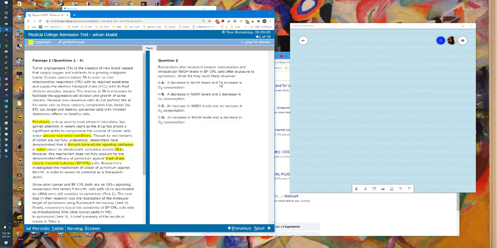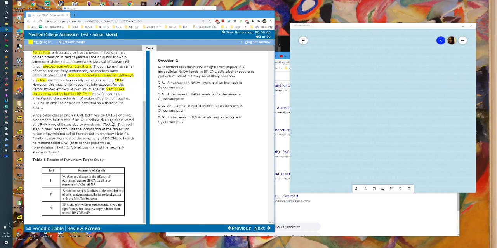So they're saying that oxygen consumption and, okay, this is where they did experiments to see how perivinium works with BPCML. This is without the CK1 alpha, and it didn't do anything. This one is to see where the perivinium goes, and it goes to the mitochondria.